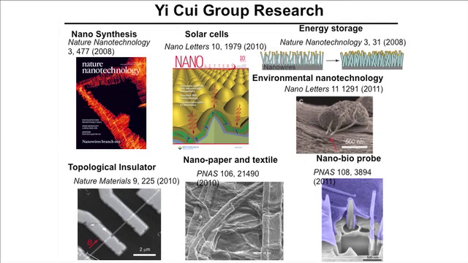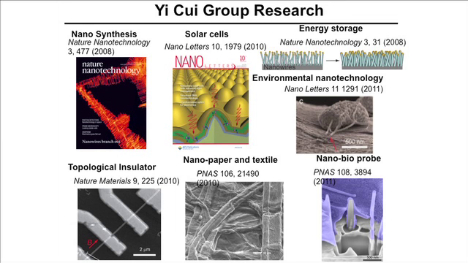But before I move on, I want to show one slide. I figure there's a lot of people from different departments who might not know about my research areas. So this is my whole research group. Overall, this centers around the idea: how do you design nanomaterials to impact different areas of fundamental science as well as technology?